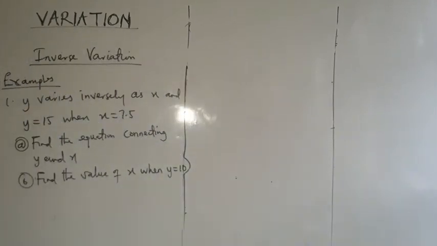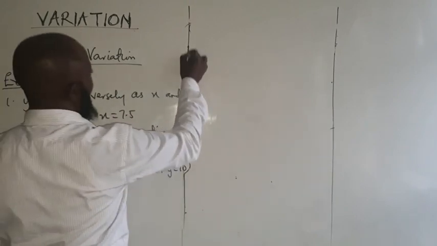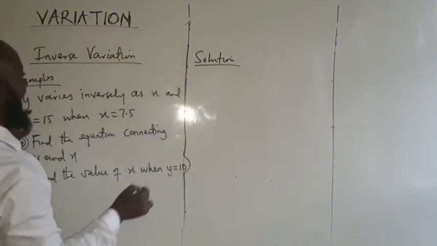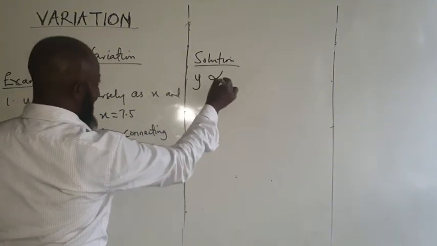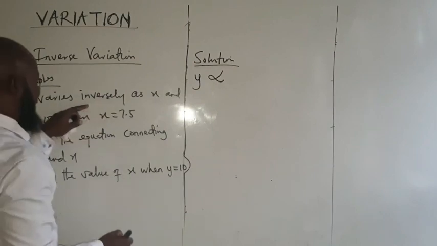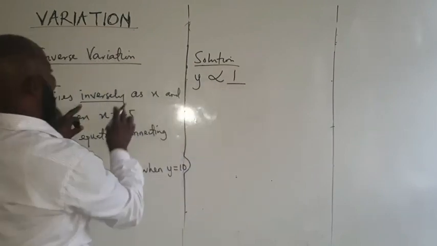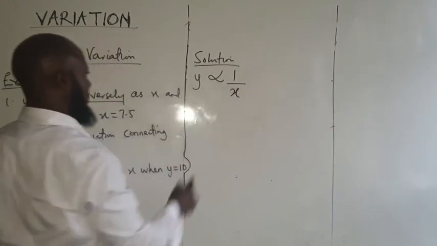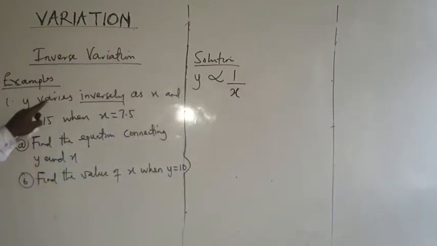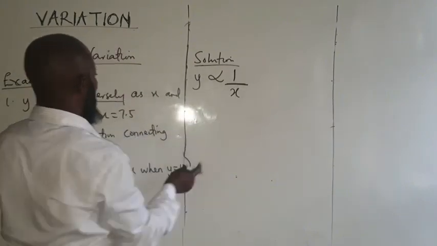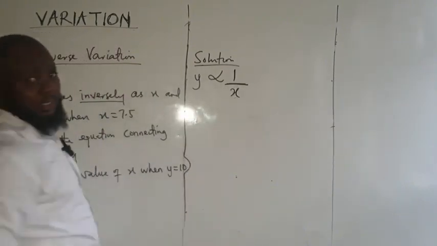Y varies inversely as x. To interpret this, it means Y varies inversely, that's the word inverse here, will then be 1 over x. Do you understand? Let me interpret again. Y varies inversely, that inverse is 1 over x.